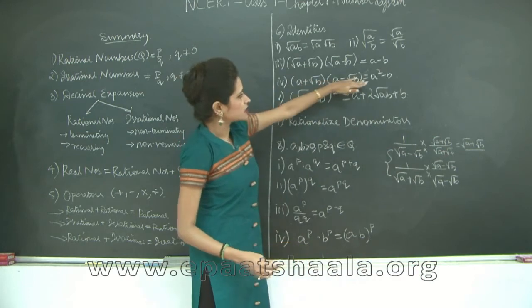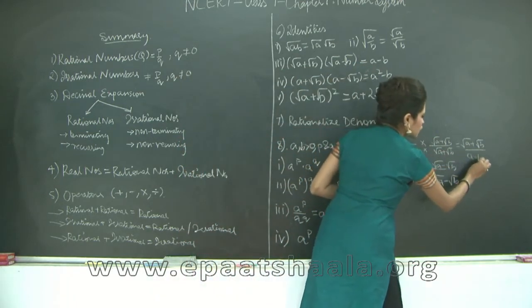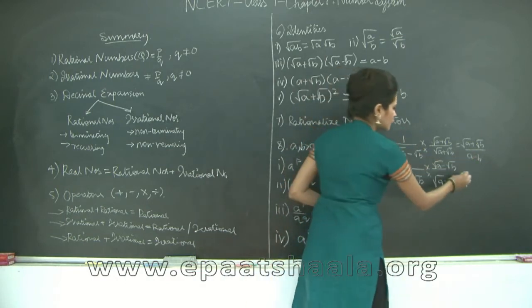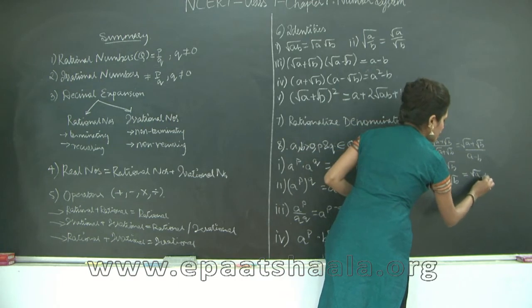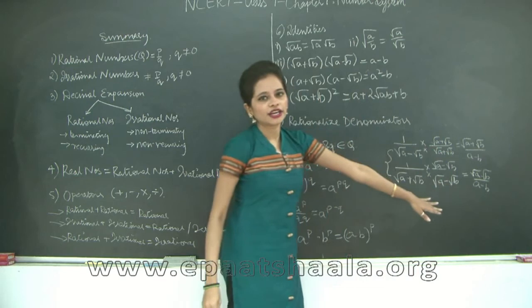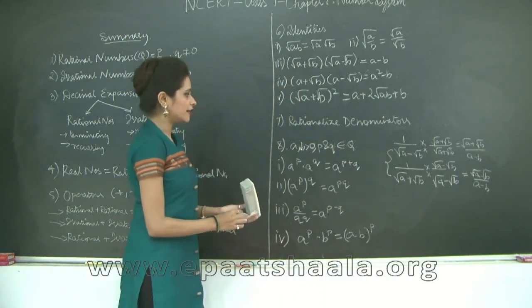So, if you take a look at this one, it is going to be a minus b. So, here my denominator is rational. Similarly, here I will have root of a minus root of b upon a minus b. Again, my denominator here is rational. So, this is what I meant by rationalizing of denominators.